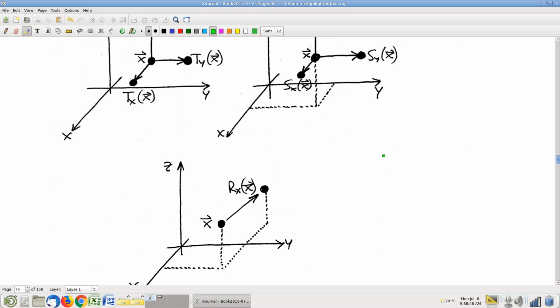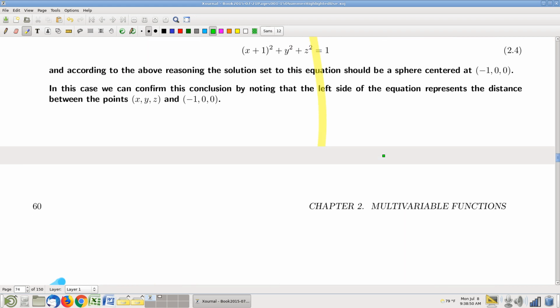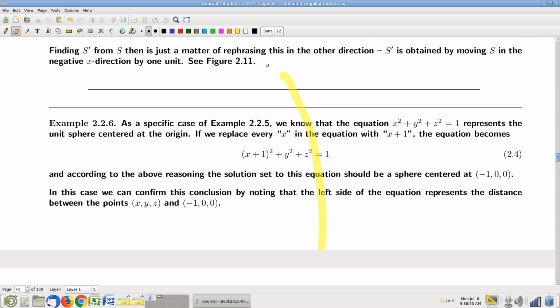Let's see here. So I'm going to start with a quickie example. Here we go. Let's look at this equation right here. And I claim that that's pretty easily seen to be a sphere centered at the origin. Now, how would I see that this is a sphere centered at the origin? There are several different points of view you can take. One thing you can do is take cross sections.